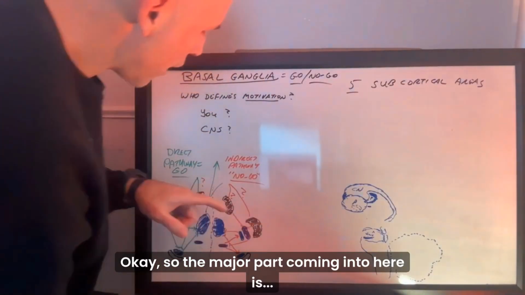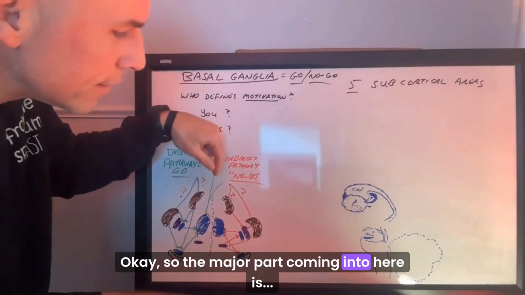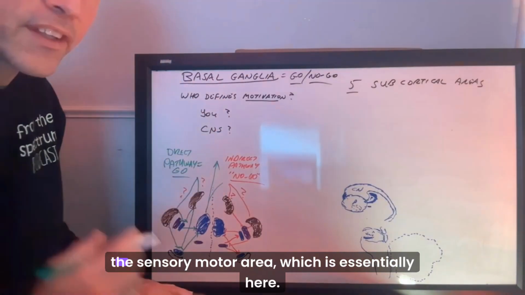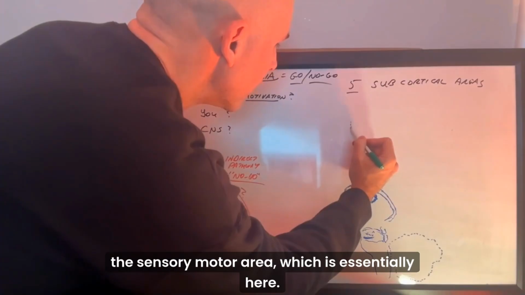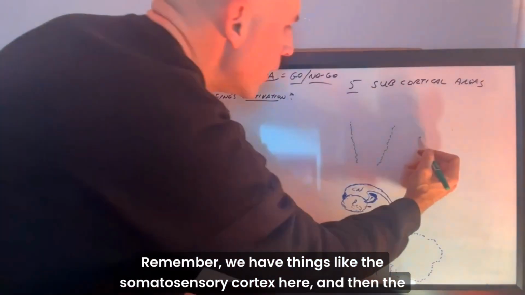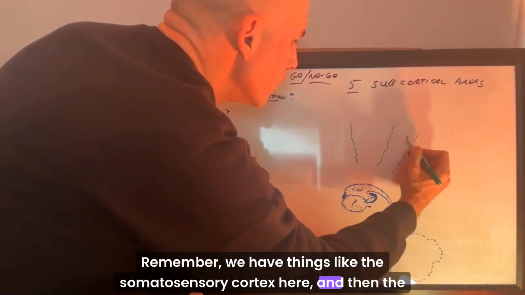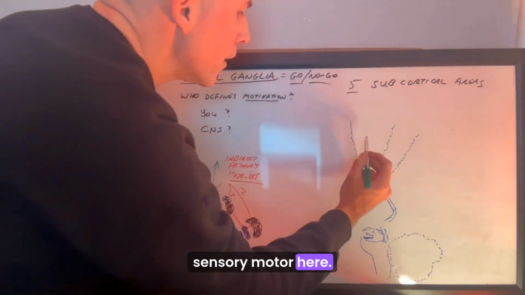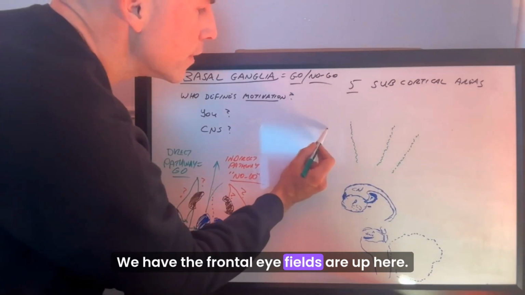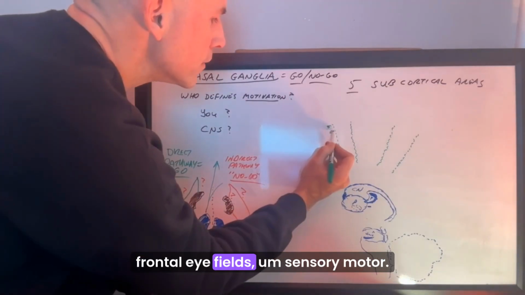Okay, so the major part coming into here is the sensory motor area, which is essentially here. Remember, we have things like the somatosensory cortex here, and then the sensory motor here. We have the frontal eye fields up here.